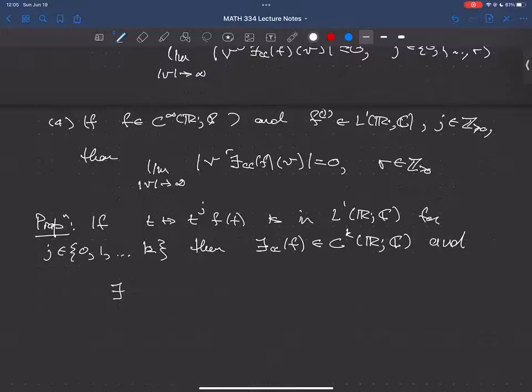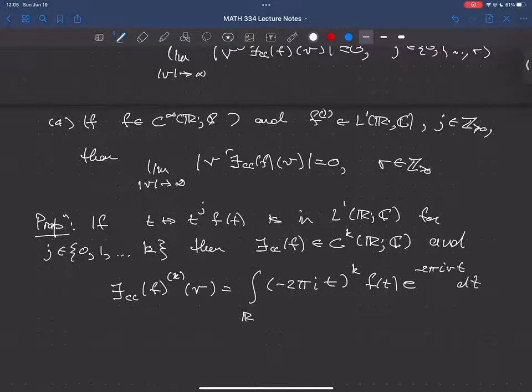So the kth derivative of the CCFT of f is equal to an integral, like so.